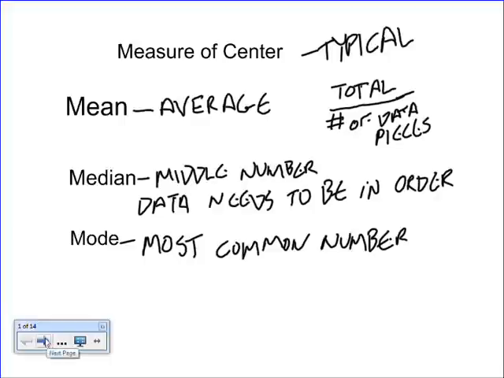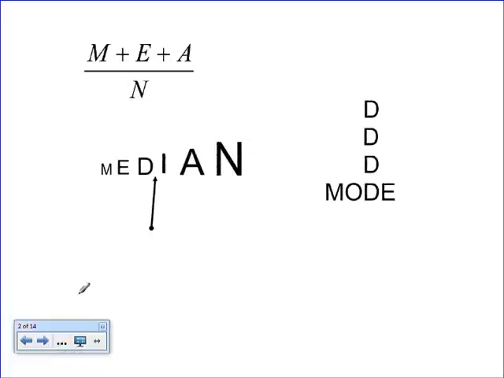So moving onward, let's do something with it. I've come up with over the years a couple of little graphics that might help you remember what the mean is. For the mean, you add up all the pieces that you have and you divide by how many there are. That's why I've got mean spelled out there, meaning the number of pieces that there are. You might write these down as a way to jog your memory.